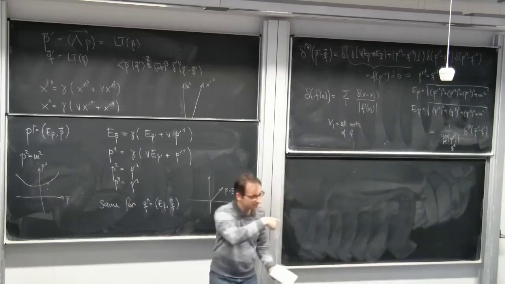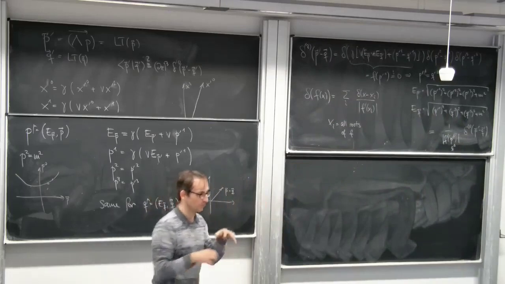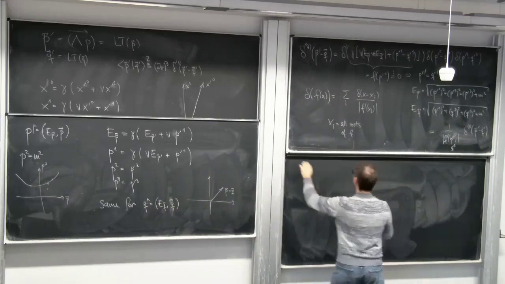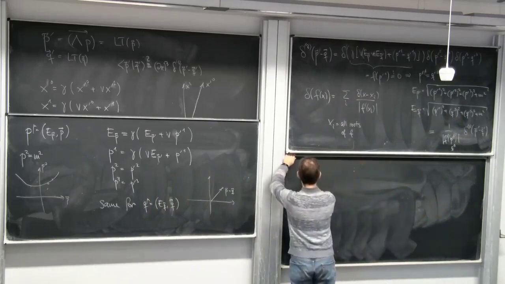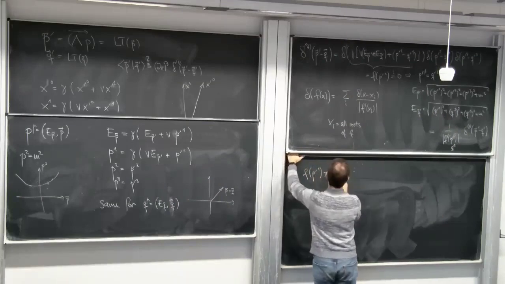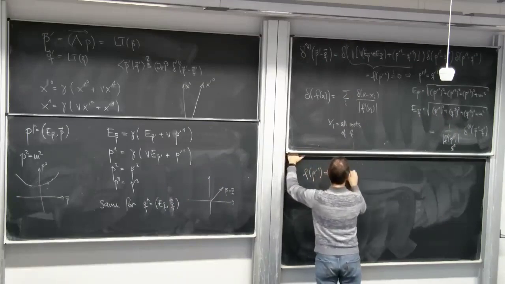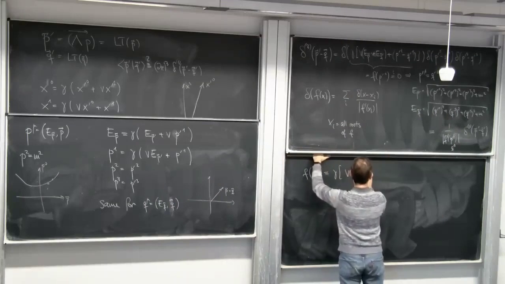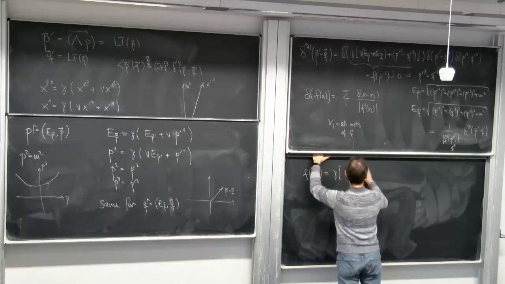In fact, it will look nicest if you write this vector in terms of both. Let's see. So F of p prime 1 is really this gamma v. Now comes the square root. You know what this is, it's the square root, so it's E p prime.